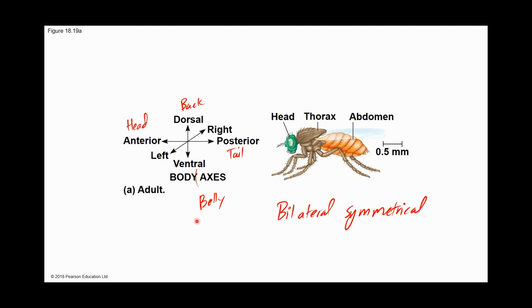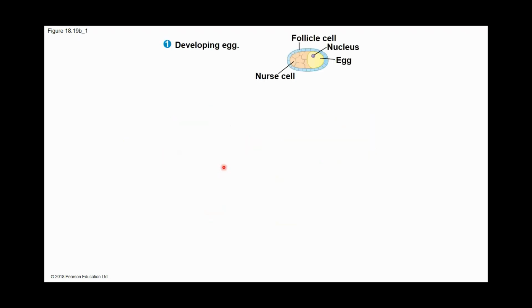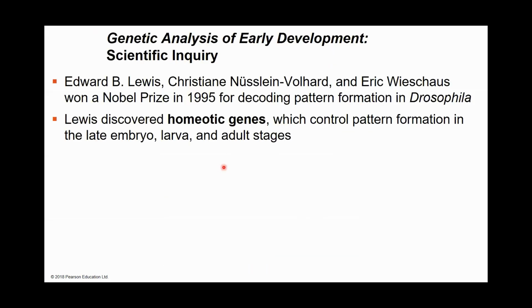So in the 1940s, scientists started using genetic approaches to study the genetics of Drosophila embryogenesis, or Drosophila embryonic development.